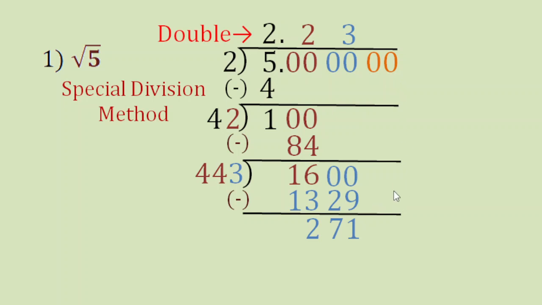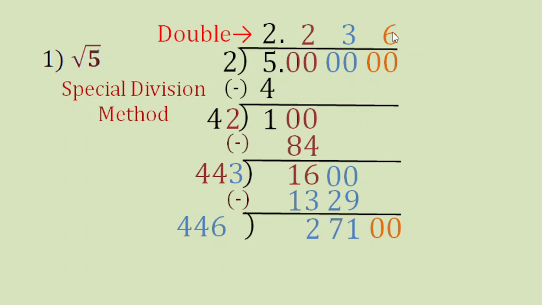The next step, bring down the next 2 zeros. Then this is our new dividend. Okay, then we need a new divisor. So 223, you double it, 446. Then we add new, okay, digit here, and that digit here will be 6.